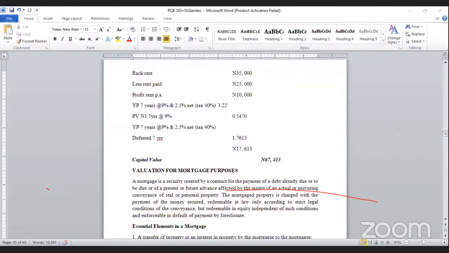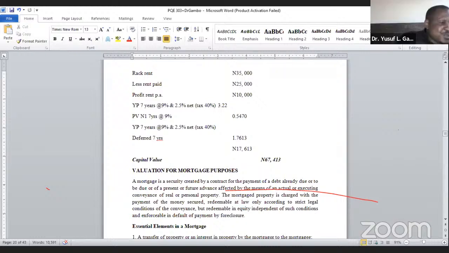Thank you very much. First, you see if it pays 20,000 naira.